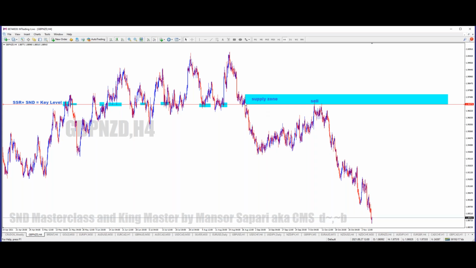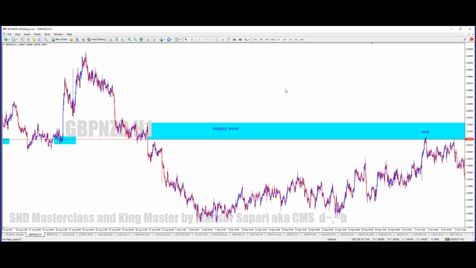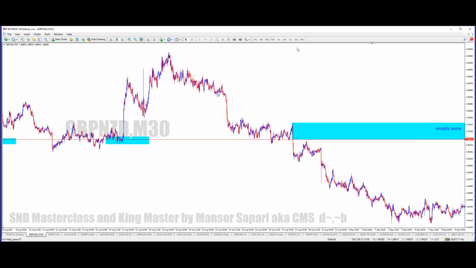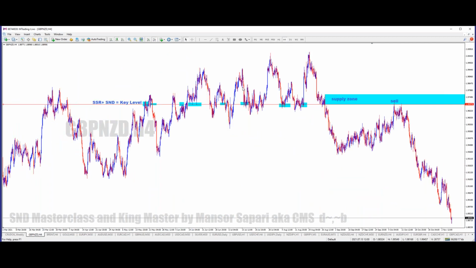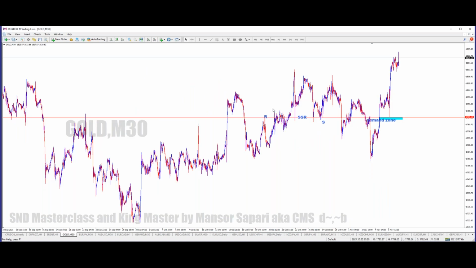Sometimes you don't see the supply zone in the same time frame. You will need to go down into a smaller time frame to find the zone. This is king. For example, we have gold over here.